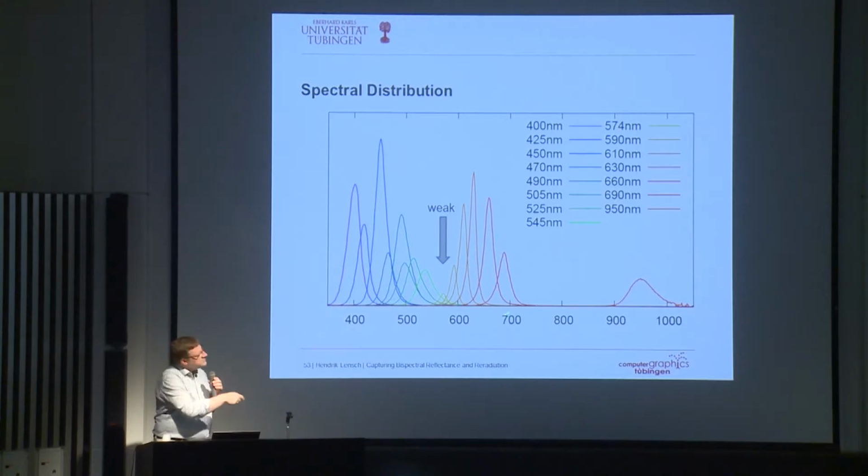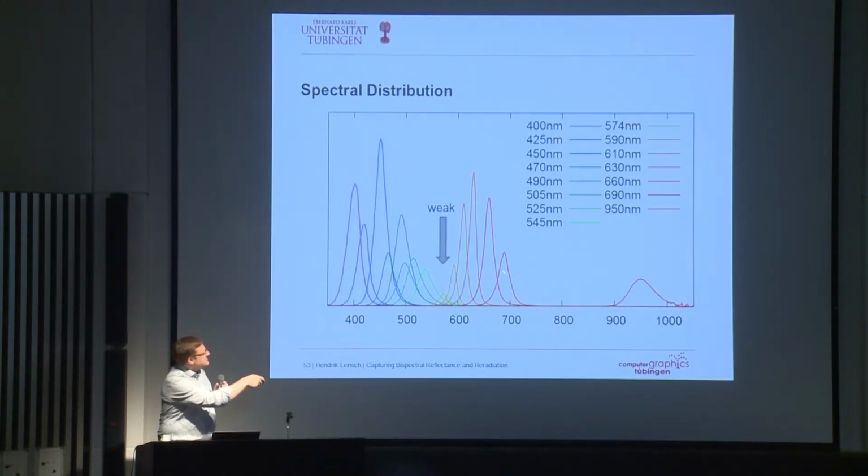We are still continuously trying to update the types of LEDs we are using. In particular, we are looking for an LED which spans this 560, 580 nanometer range, which seems to be problematic. There doesn't seem to be a material which can nicely be used for LEDs. So if anybody has some idea what to put there, we would be pretty happy.